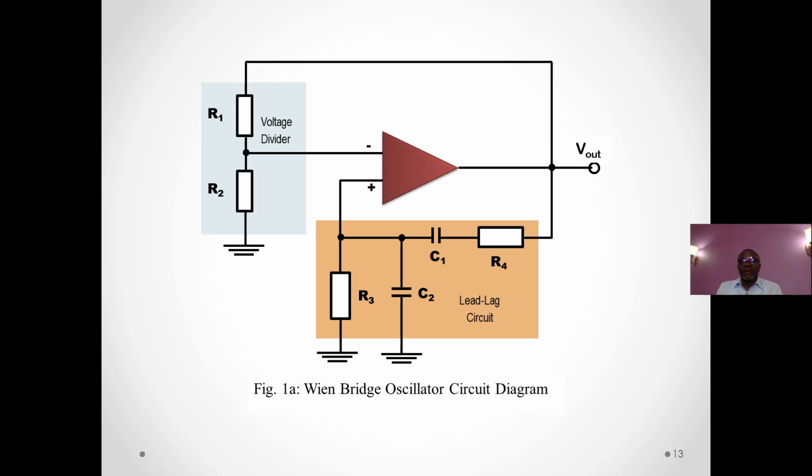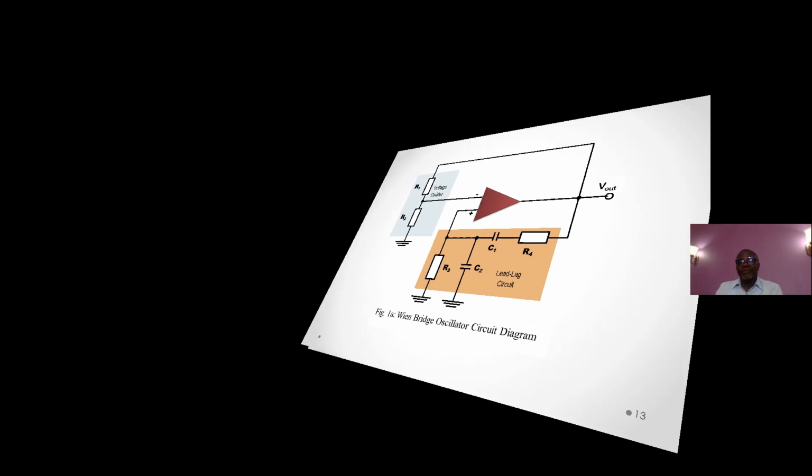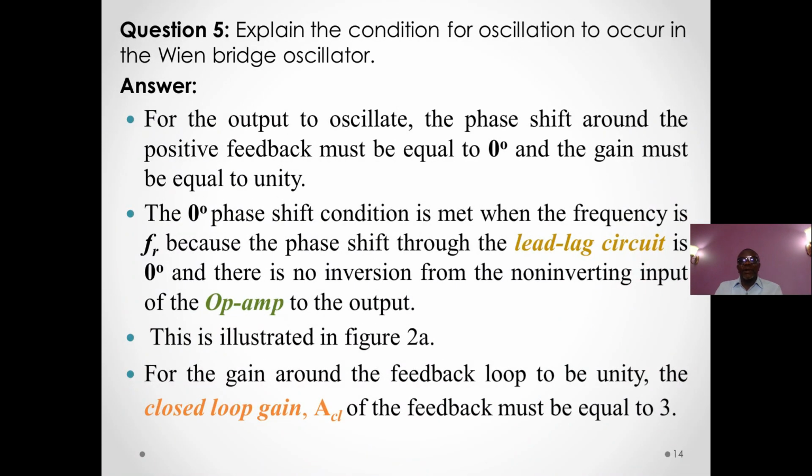When there is no phase shift between the two lead lag circuits, the signal begins to decrease and the process repeats, giving rise to a signal that goes up, comes down, goes up, comes down, and that is the oscillation that is taking place. We see that illustration in this next question, which is question 5.